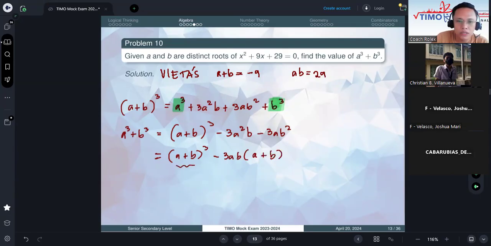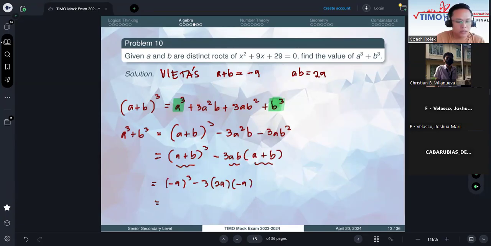We have a value of this, we have a value of this, we also have a value of this. So you simply substitute these values, you will get negative 9 quantity cubed minus 3ab, where ab is 29, and a plus b is equal to negative 9.